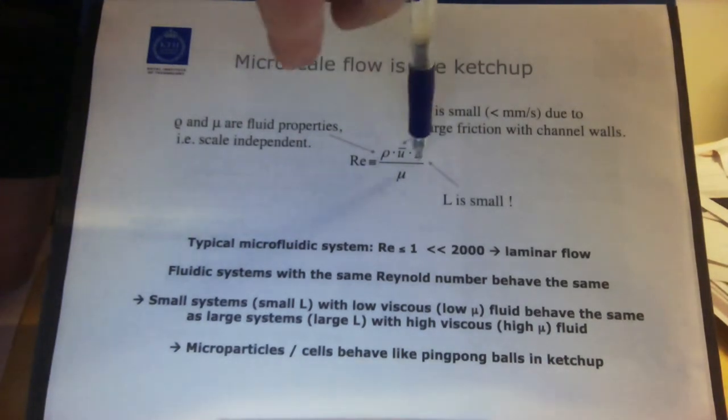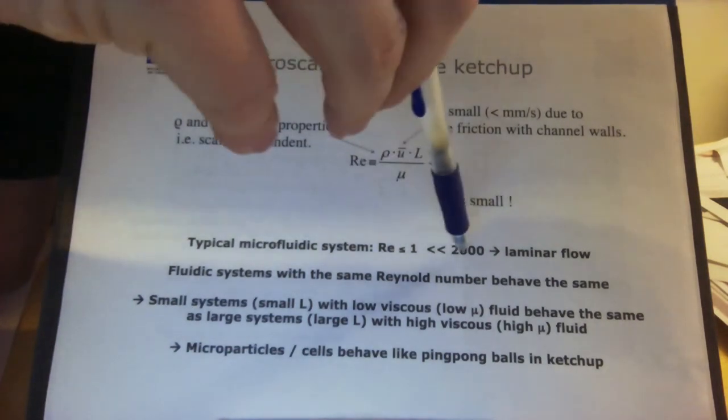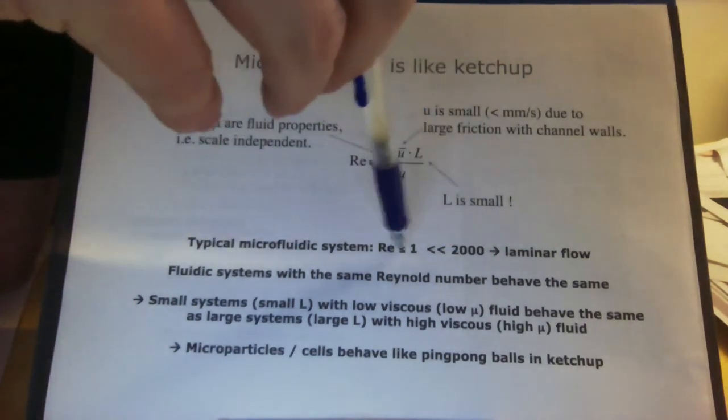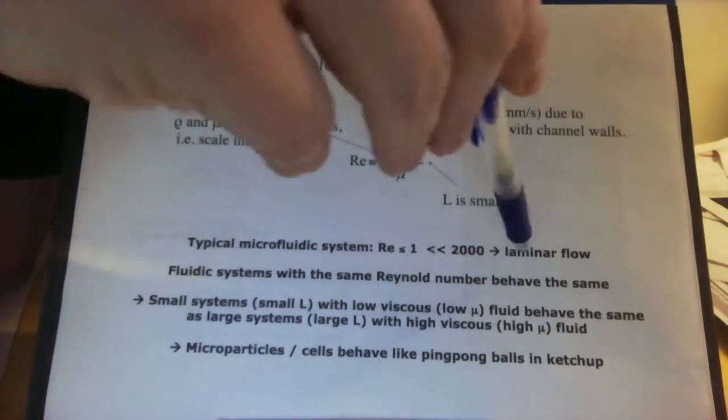So we get a Reynolds number that is very small, always in the microscale. So typically microfluidic systems have a Reynolds number that is smaller than 1. So we say it's way below 2000, and because we have such a low Reynolds number, the flow in a microscale will almost always behave laminarly.